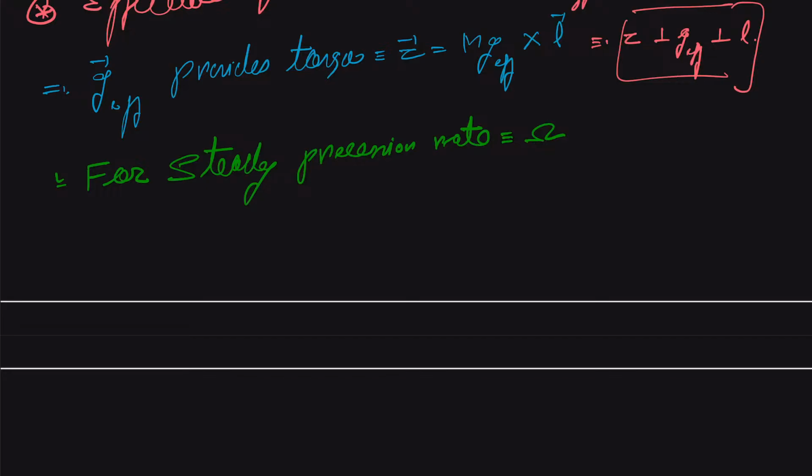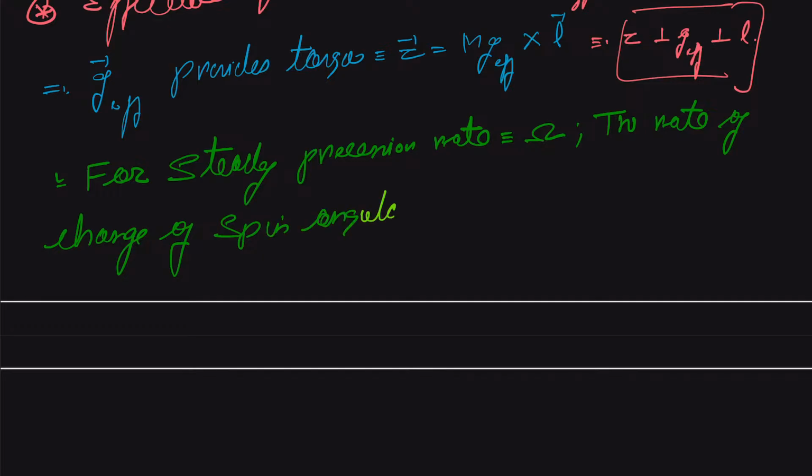So the rate of change of spin angular momentum, and that spin angular momentum, let us suppose we take as Ls, will be equal to I naught multiplied by the spin angular velocity, and it will be along the symmetric axis.